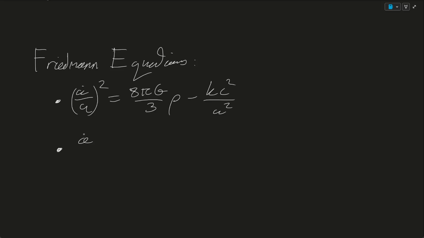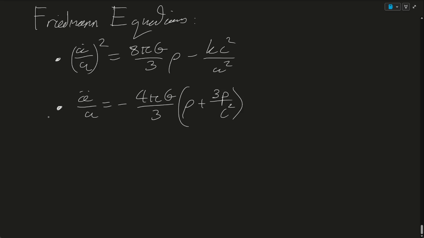Secondly, that a dot dot over a is equal to minus 4 pi G over 3 times rho plus 3p over c squared. And then finally, with conservation, that rho dot plus 3H times rho plus p over c squared is equal to 0.